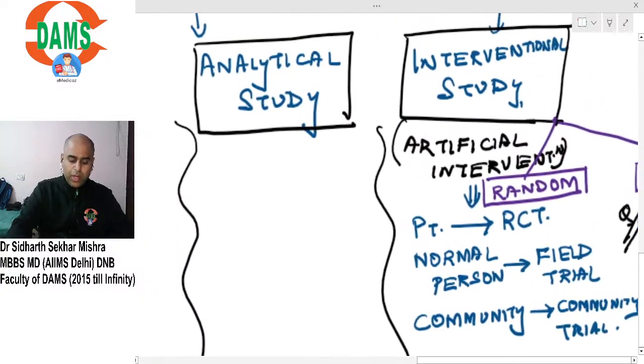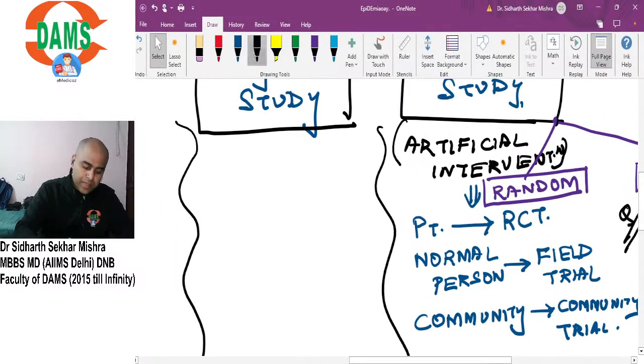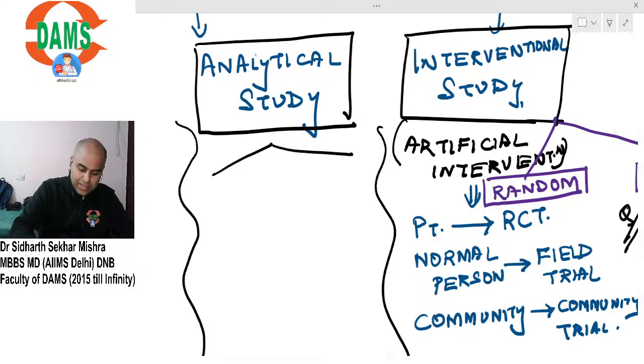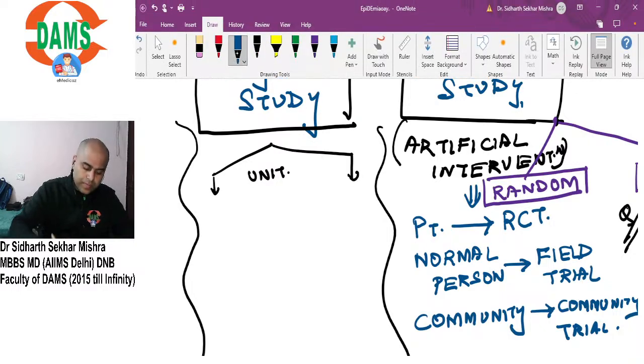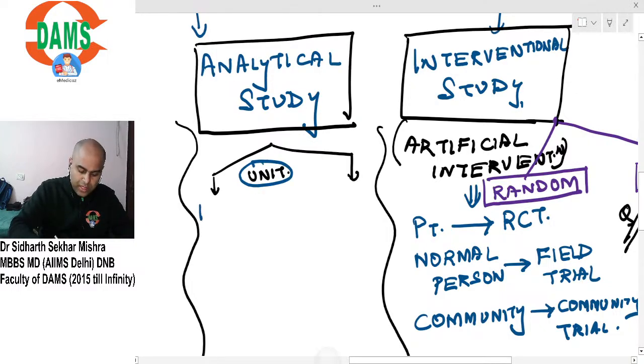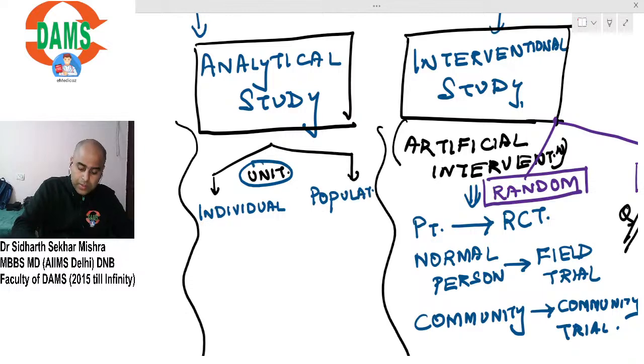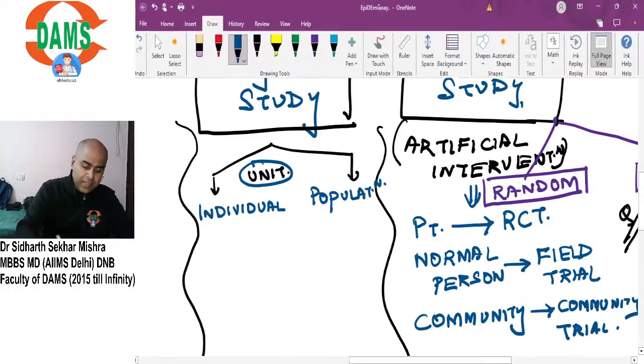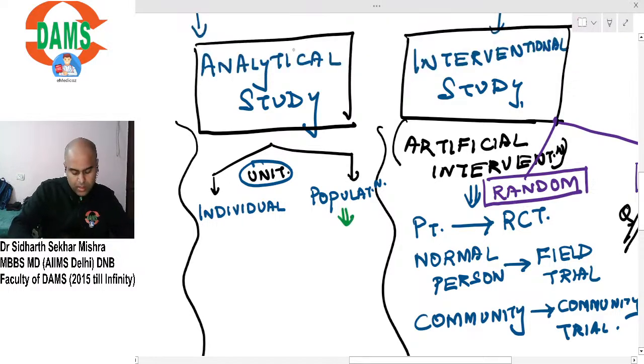Now, when we look into analytical study, it depends upon what unit you take. If you take the unit as individual or you take the unit as a population. If I take it as a population, it is an ecological study.